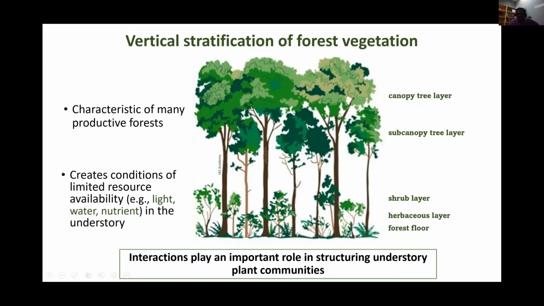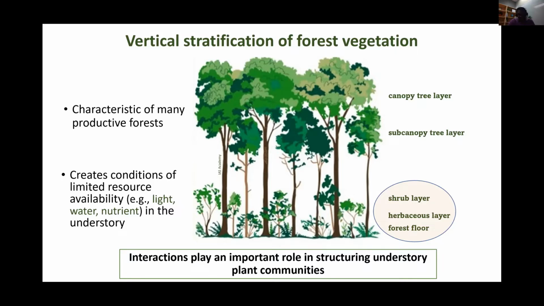And as I also mentioned, the interactions between the various forest vegetation layers play an important role in structuring the understory plant communities. Now, my emphasis is on the understory plant communities. Their role in the forest ecosystem cannot be overemphasized. Roles in nutrient cycling, habitat provision, regulating forest succession and whatnot.